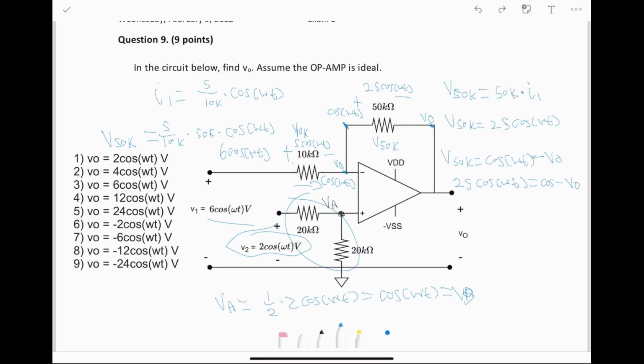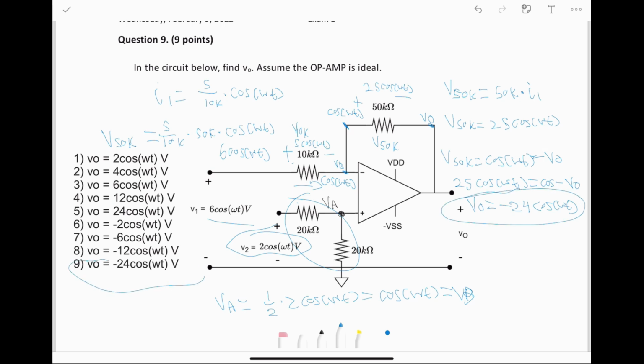And we see, based on this, that V out must be equal to negative 24 cosine omega t, because that's what gets us 25 on the left-hand side. So V out is equal to negative 24 cosine omega t, because cosine omega t minus negative 24 cosine omega t is equal to 25 cosine omega t. That was probably unnecessary. And that's the solution.